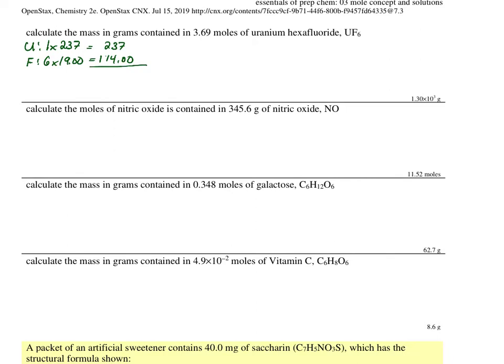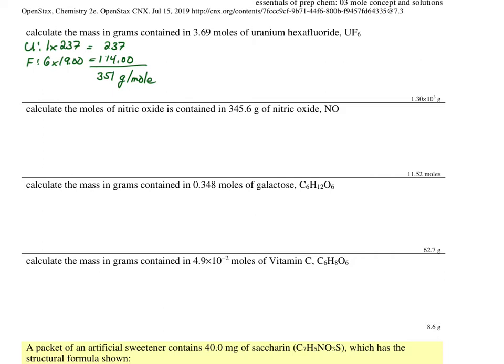Now when we add these together, we can only report our answer to the ones place, because we don't know anything beyond the decimal point for uranium. So we only have 3 sig figs for this formula weight.